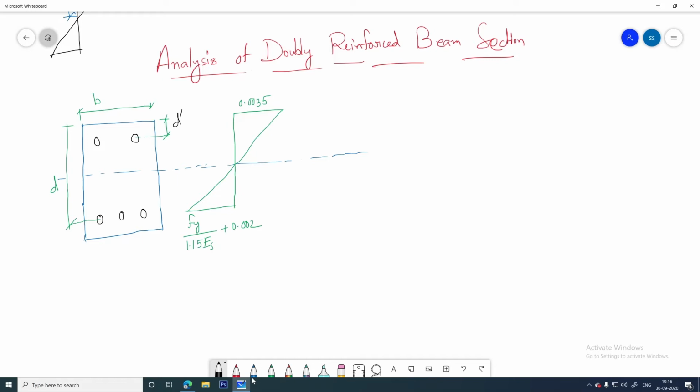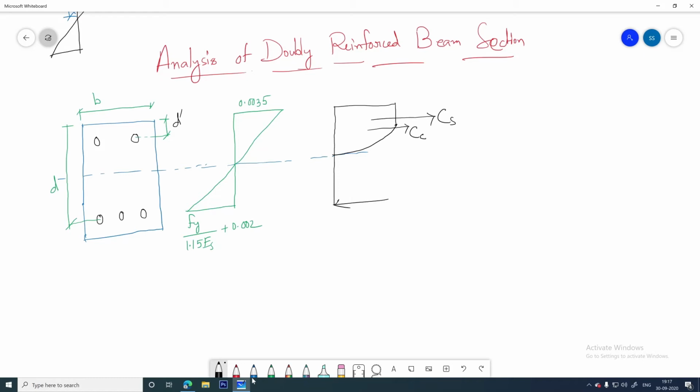We can determine the stress block diagram as well. Up to this distance we have a straight line, then this kind of parabolic shape, and here we have two forces: one due to the steel, Cs, and one due to the concrete, Cc.